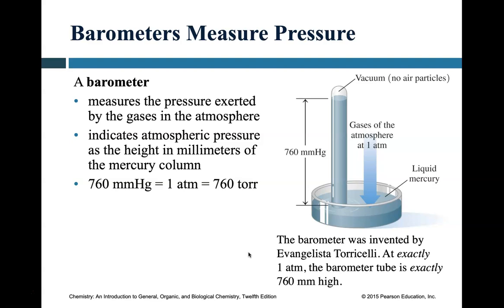What you see on the right-hand side is a petri dish filled with mercury, which is a liquid metal at room temperature. Inside the test tube was originally a vacuum, but the atmosphere around the test tube is pushing down on that sample of mercury, and it actually pushes it up the tube. What you measure with a ruler, how far that mercury rises up the tube, is measured as a distance, but it's equivalent to the pressure that's being exerted on it.